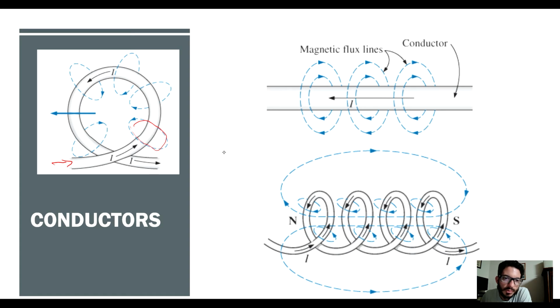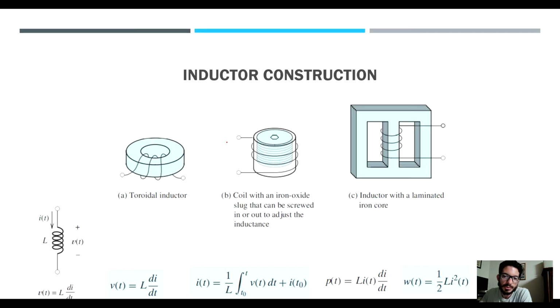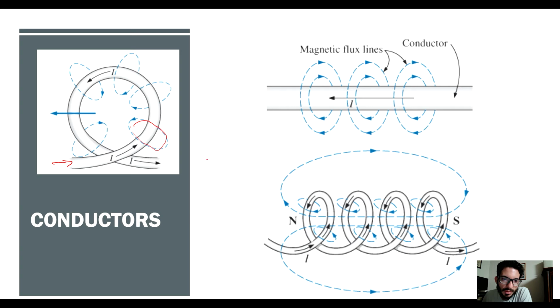And as you know, or you will learn at some point, if you have voltage or electric field traveling through space, there's a magnetic field flowing perpendicular to it. So electromagnetic waves show us that electric and magnetic fields are connected.